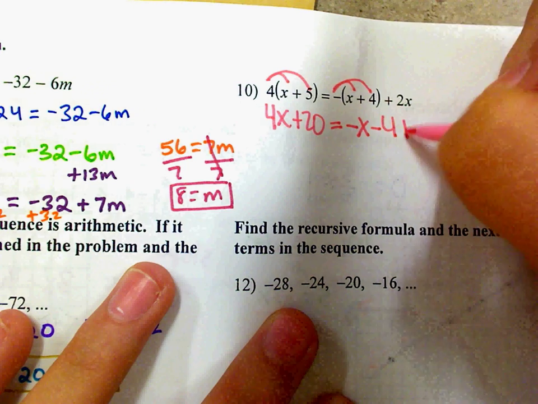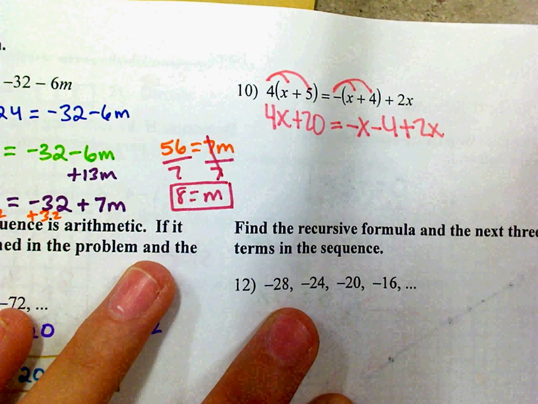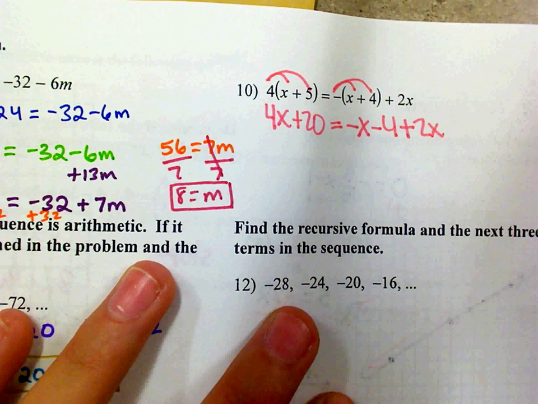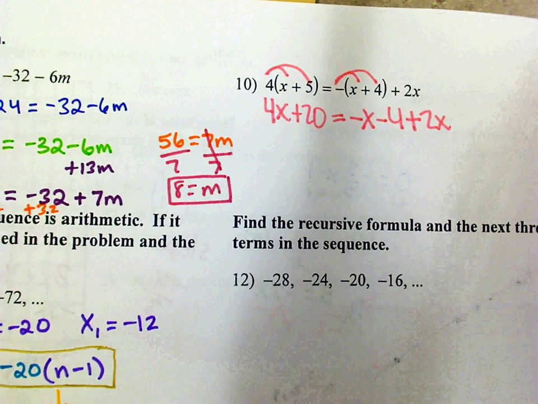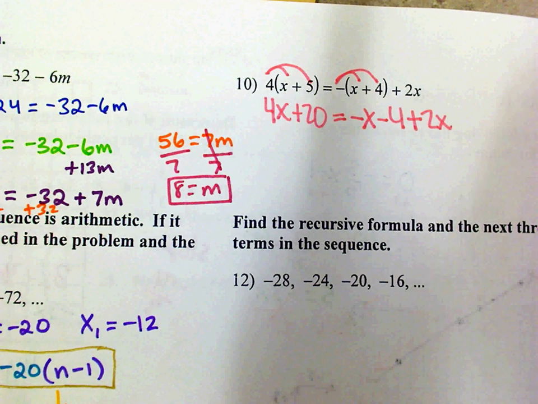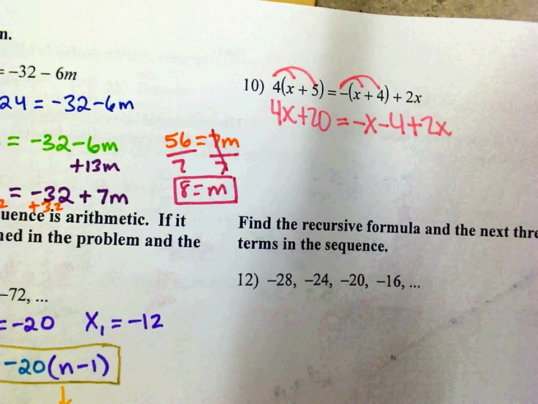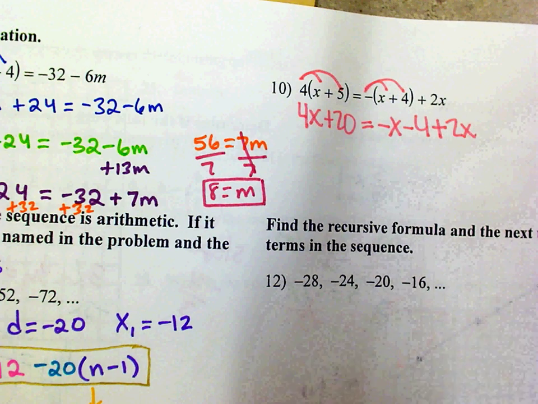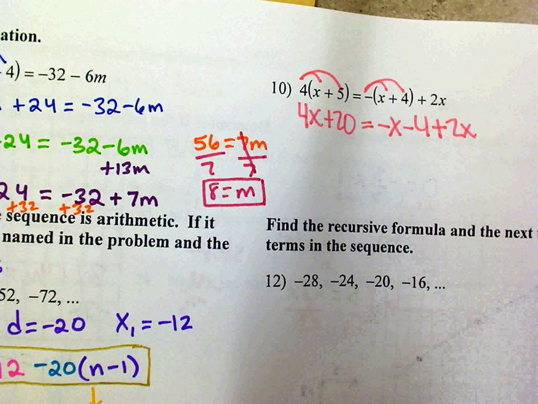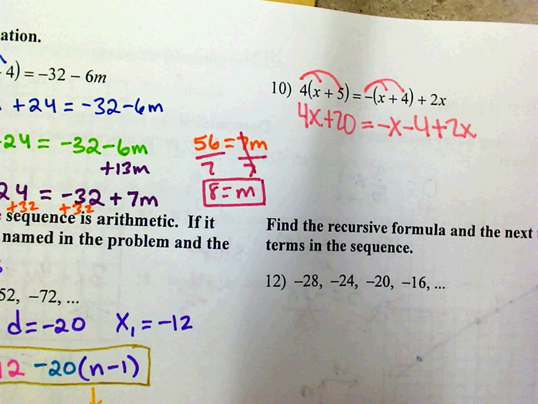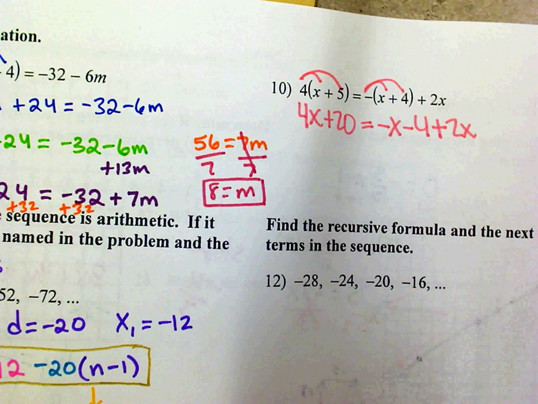Okay, so tell us what you're going to do next. Well, I want to get the x by itself, so hold on, let me see where I'm at. What did I do? I have to see what I'm doing.